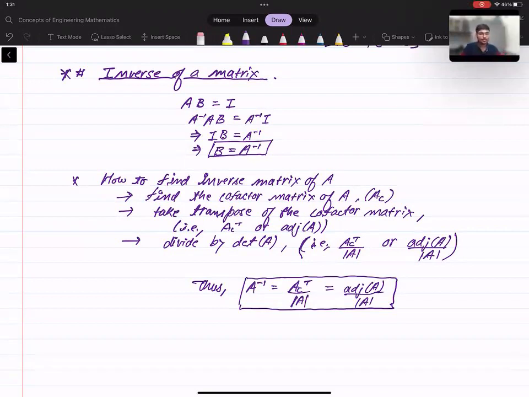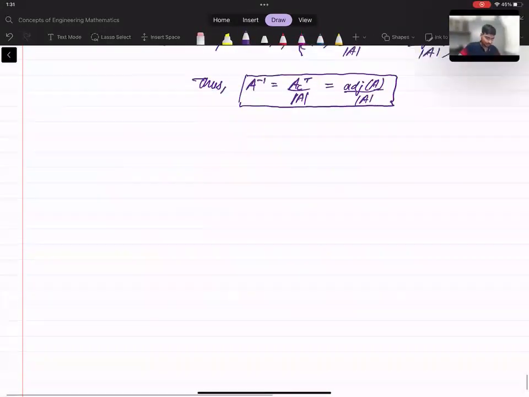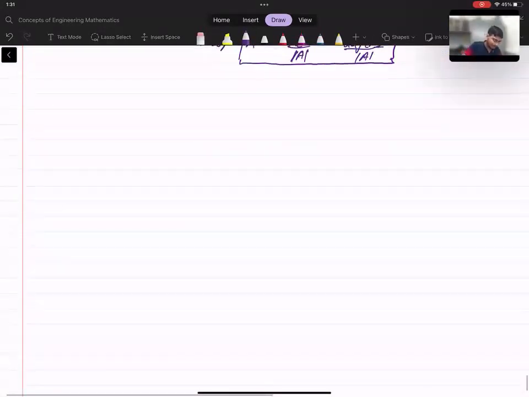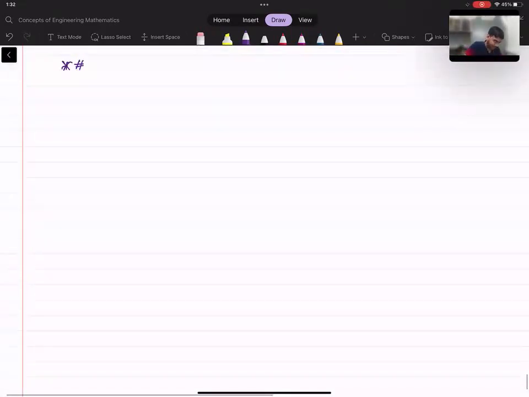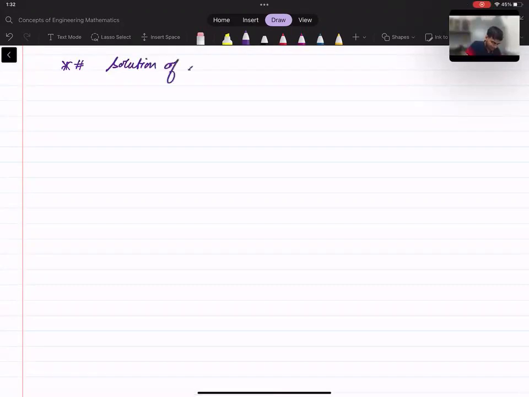So let us see the solution of simultaneous equations using matrices.